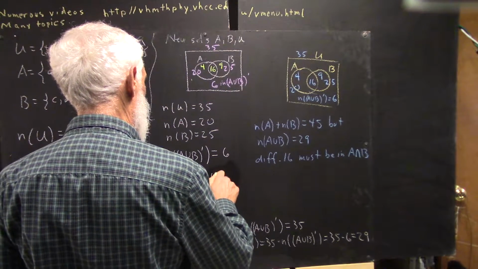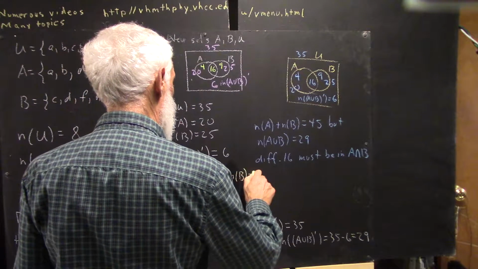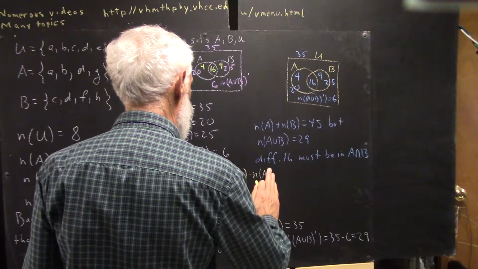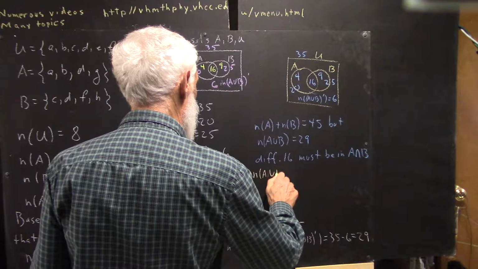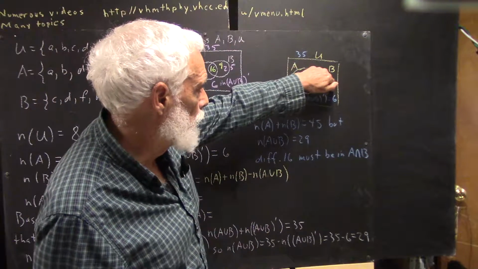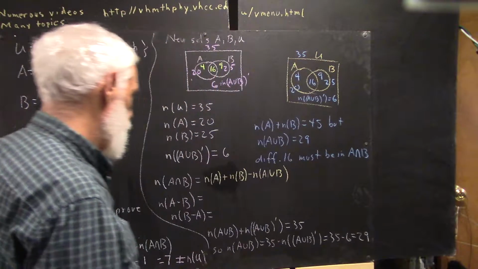It's the number in A plus the number in B minus the number in A union B. Again, the difference between 20 plus 25 and the 29 that we know we have in the two sets.